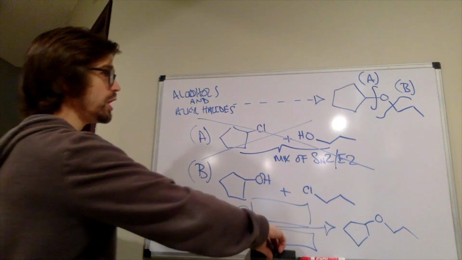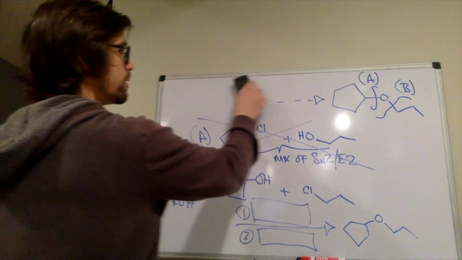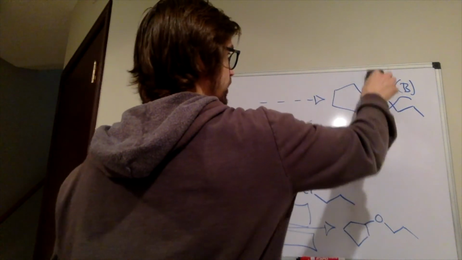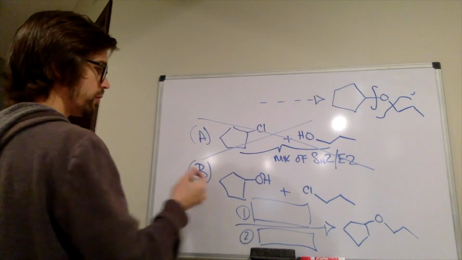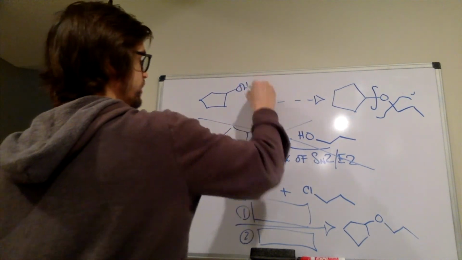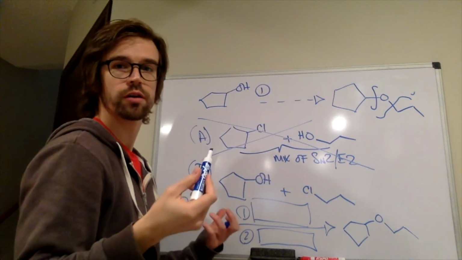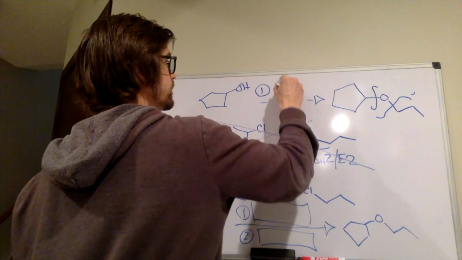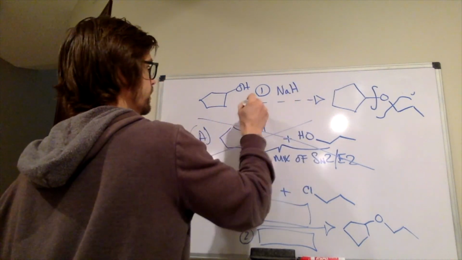So what would that look like? So I'm just going to erase those things. So essentially, we'd take our alcohol for method B. We'd say first we're going to treat that with our strong base, sodium hydride.